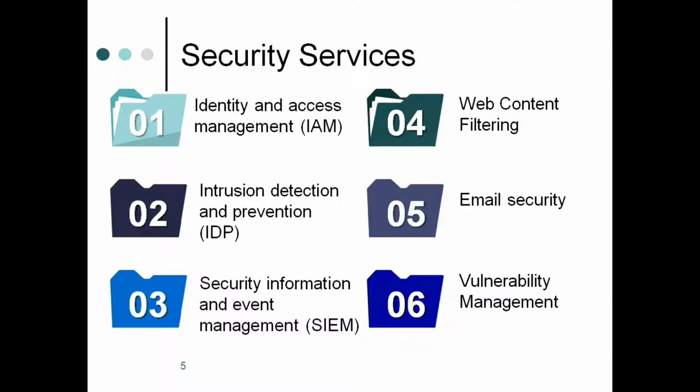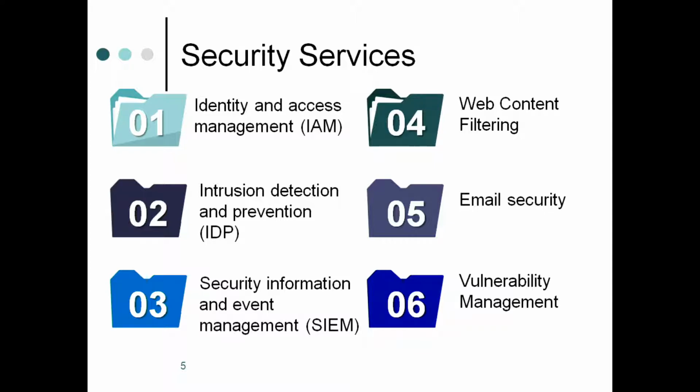If we categorize different types of security services, we can broadly categorize them into 6 types. The first one is identity or access management, or IAM. Then we have intrusion detection and prevention system, or IDP. We have SIEM, security information and event management.